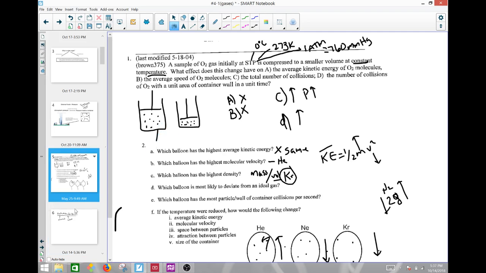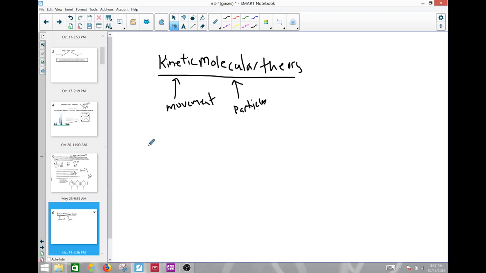One, they are traveling very fast. Number two, they are very far apart. There are a couple of little wrinkles to this particular thing, but these are the main two.